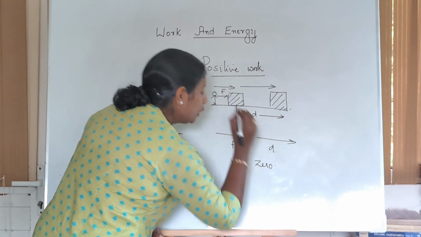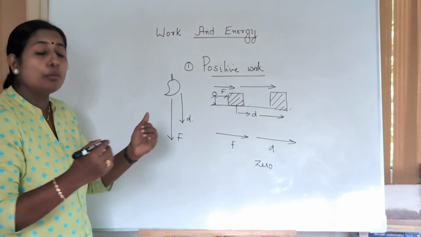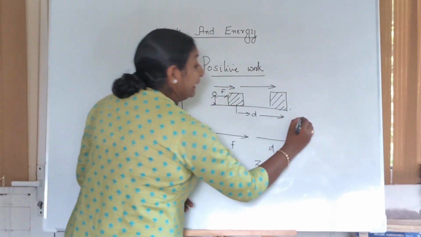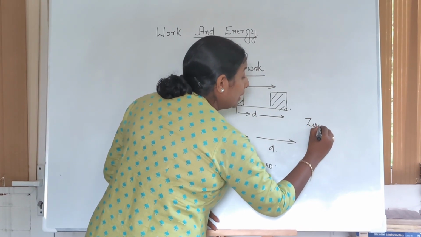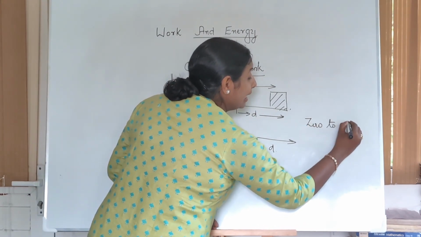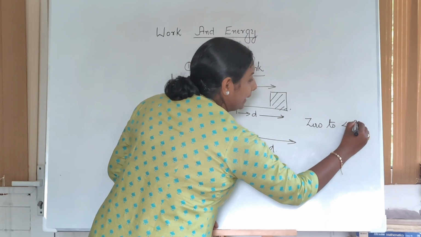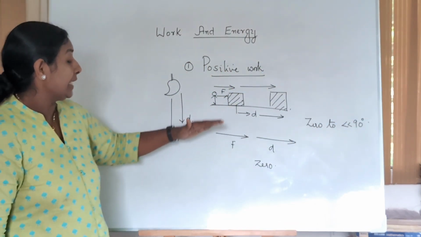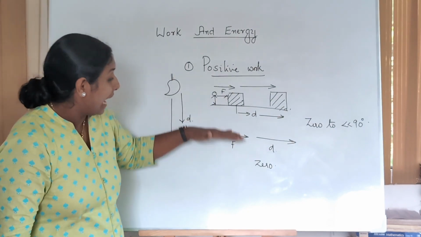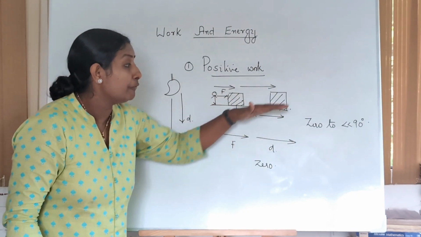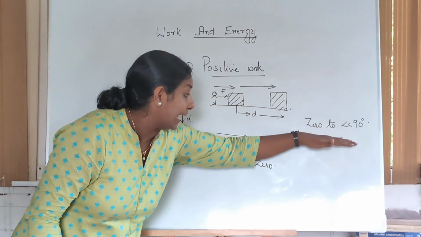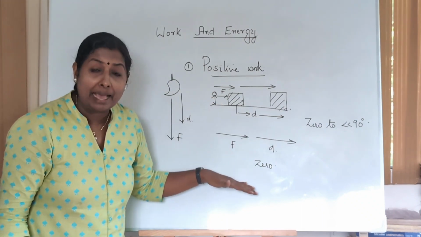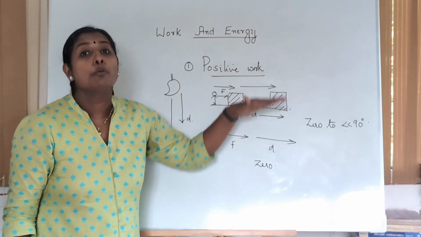For positive work to be done, the angle can range from 0 to just less than 90 degrees. So whenever we find a force which has an angle ranging from 0 to less than 90 degrees, we can say that the work done is positive.